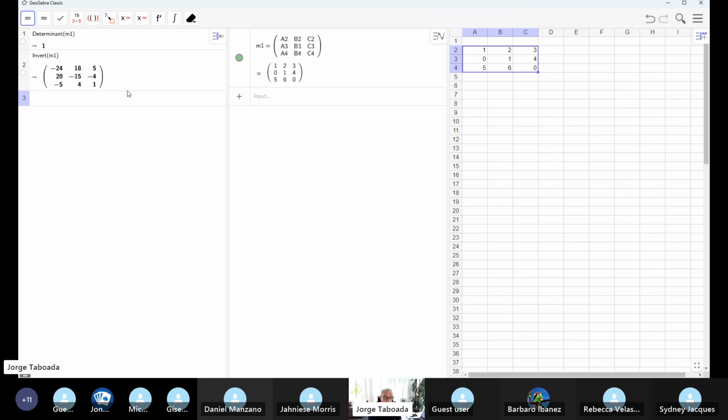To verify that everything is okay, I do the multiplication of M1 times the inverse of M1. If I'm doing well, the answer would be the identity matrix of dimension 3, which is 9 elements, but the main diagonal is 1, and the rest is 0. Bang! I have the answer.